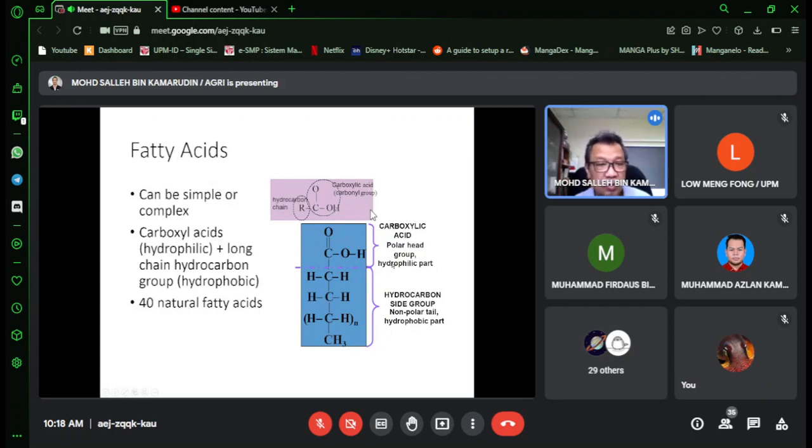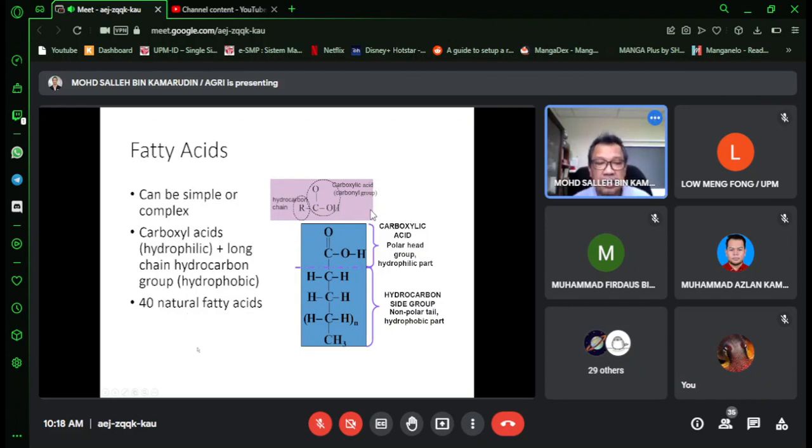For example, this one can be simple: just one CH3, this group, and then the carboxyl group, and it becomes a lipid fatty acid. It has the carboxyl group, which is the hydrophilic part, plus a hydrocarbon chain, which can be long or short. The smallest has 4 carbons, which we will show later.